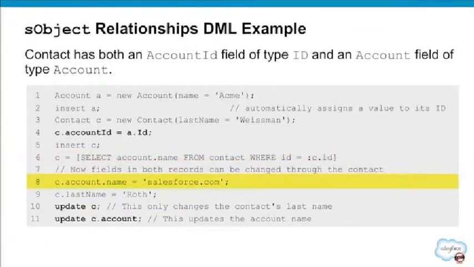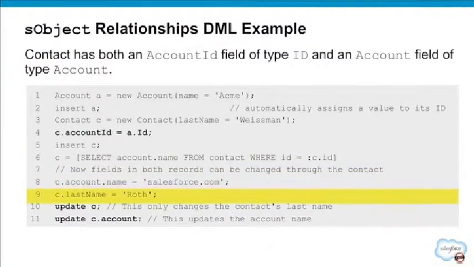In line 8, we set C.account.name, and we are making a modification to our account record in memory. On line 9, we make a modification to our contact record, specifically the last name.